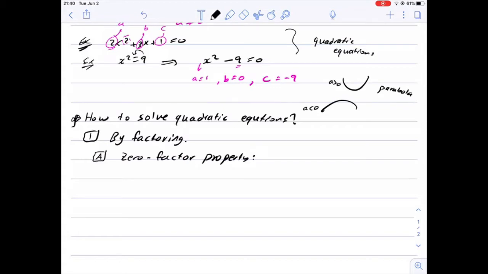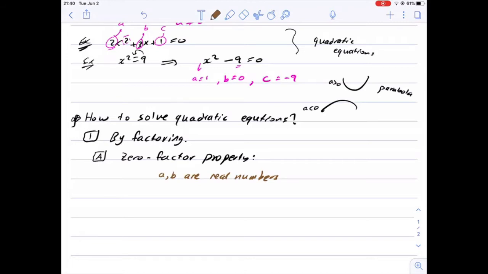The zero factor property says if a, b are real numbers, I mean by real numbers all numbers that you dealt with or studied previously. Can be positive 1, negative 5, 0.001, any fraction, any rational number, and any irrational number.